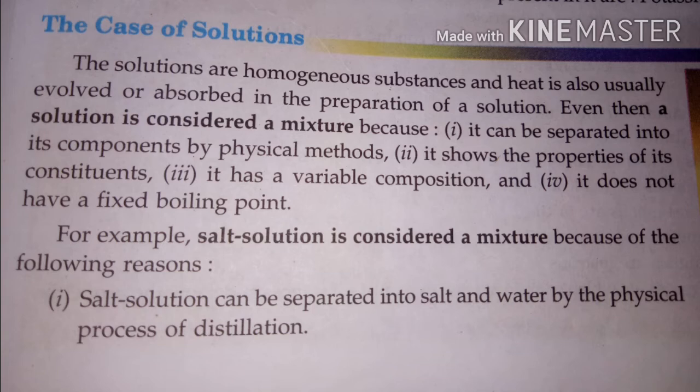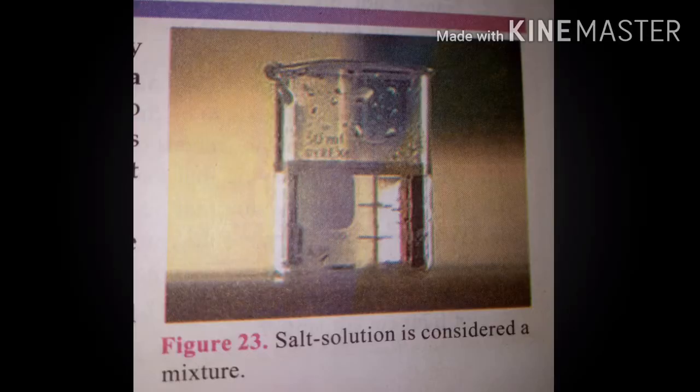Now we'll take one example: salt solution, which is considered a mixture. The first reason is that salt solution can be separated into salt and water by a physical process called distillation. Second, salt solution shows the properties of both constituents, salt as well as water.